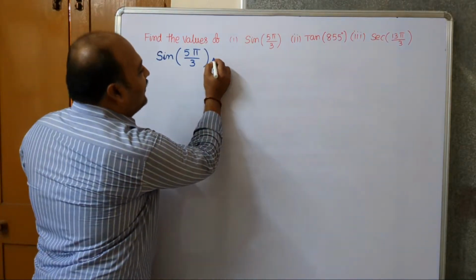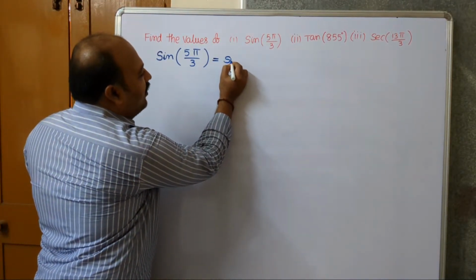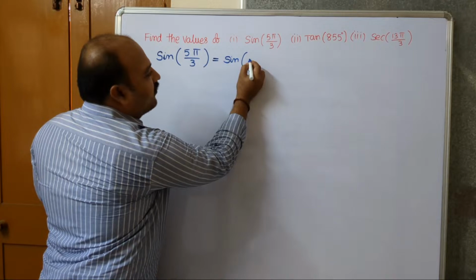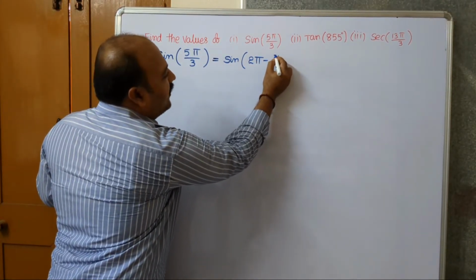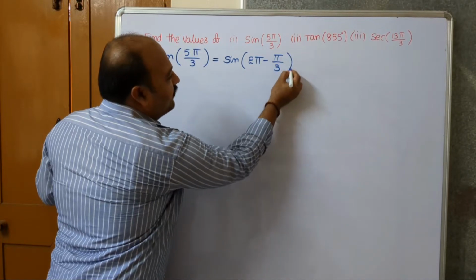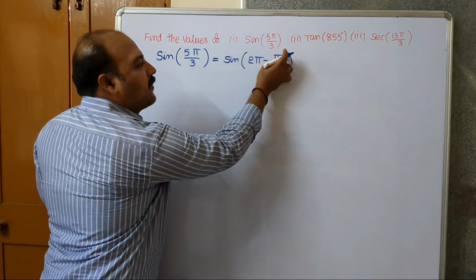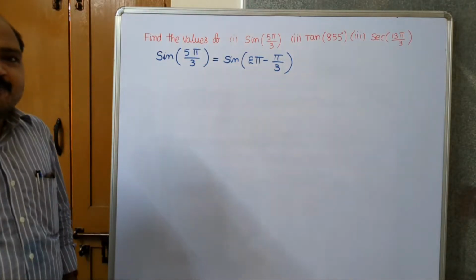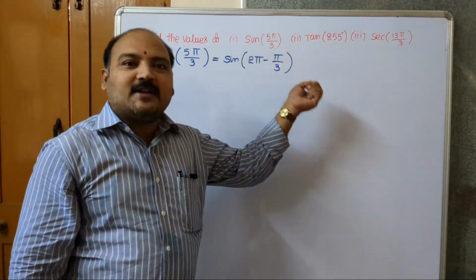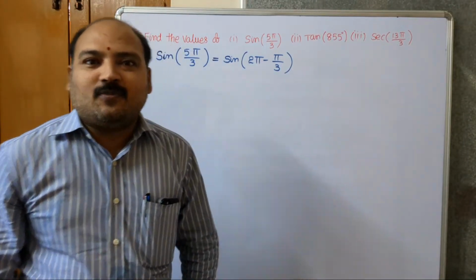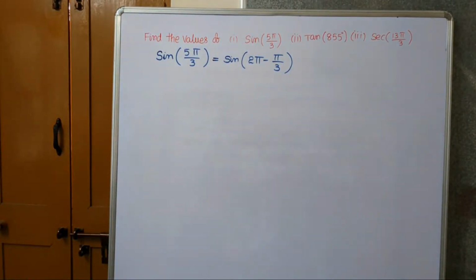So can we write like this? Sine of 2 pi minus pi by 3. 3 2s are 6, 6 pi minus pi, pi. Okay dear students. Sine of 2 pi minus pi by 3. Okay, are you getting? Everyone?